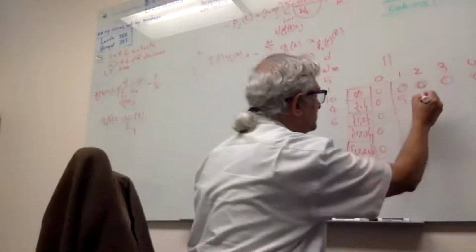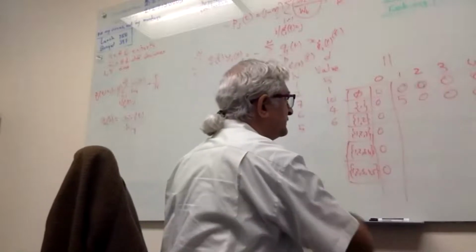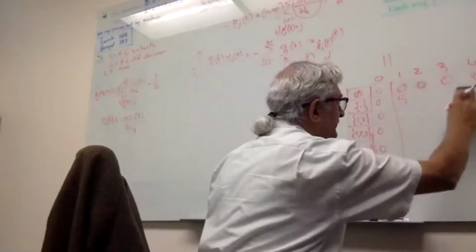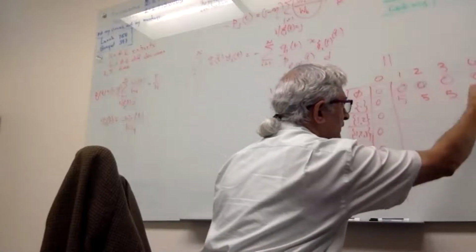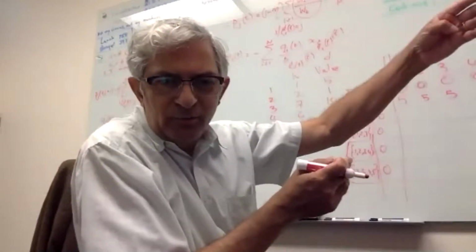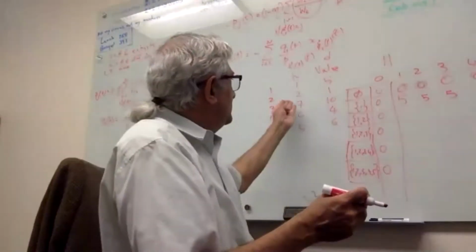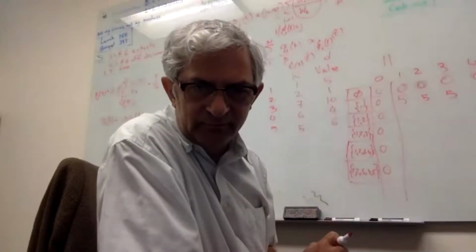And everything else is going to be just, sorry, everything else is just 5. Why is that? Because we're not trying to fill it all the way up. We're trying to see as much as we can. As long as I have a capacity of 1 or more, I can take that item and achieve a value of 5. Correct?